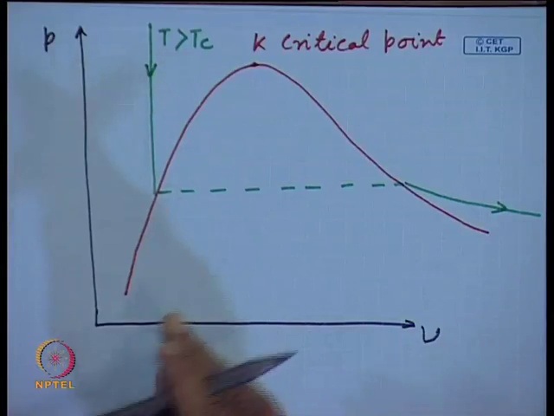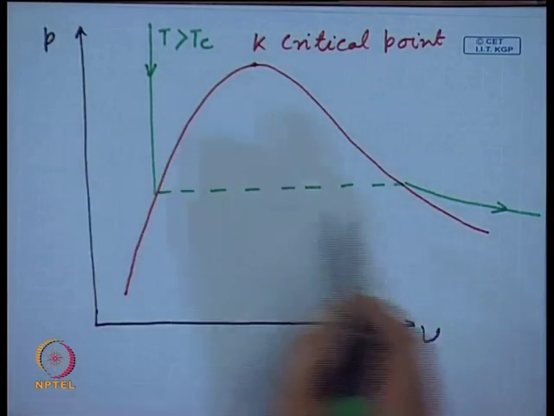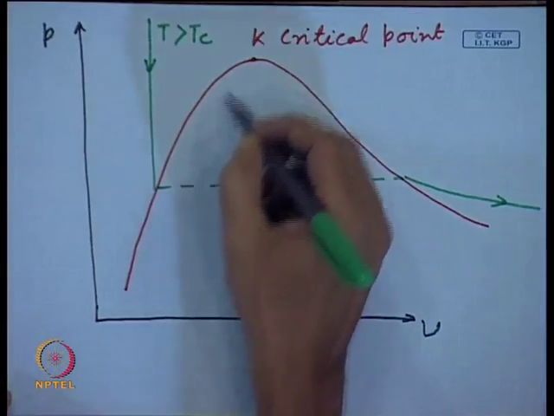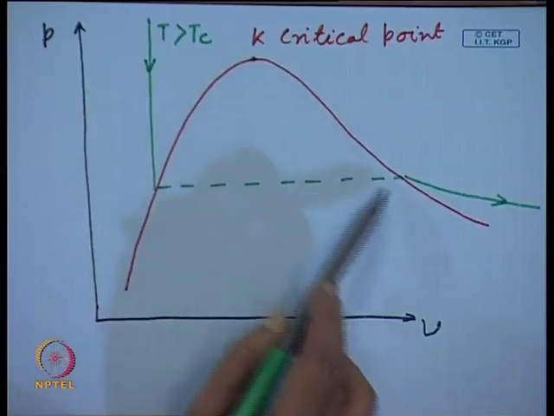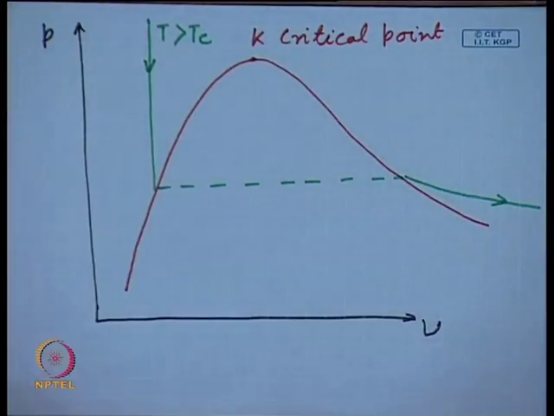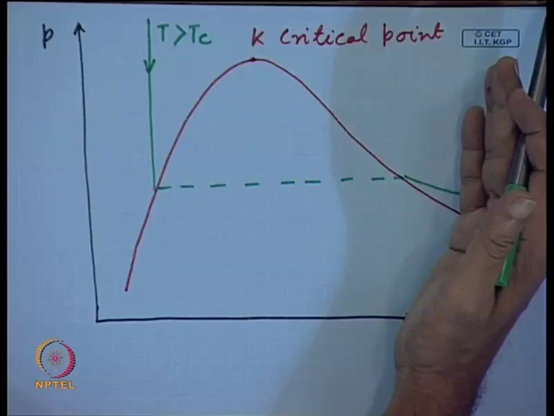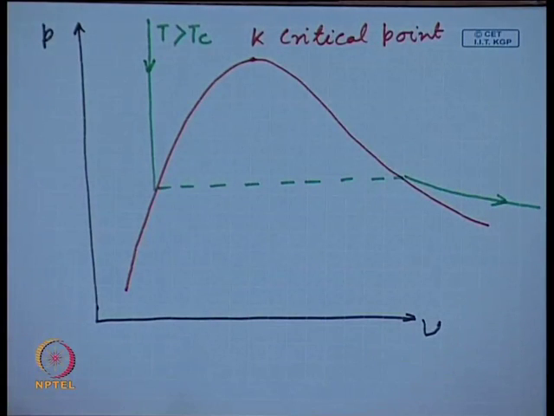What are the different important features of this diagram? So, this line up to K is the saturated liquid line and this is the saturated vapor line. On this side we have subcooled liquid, on the other side we have superheated vapor, in between we have a two phase mixture.